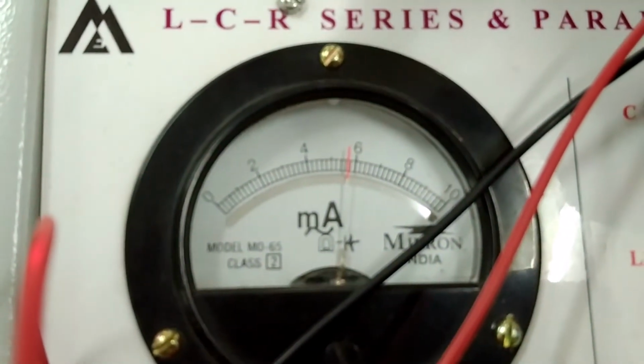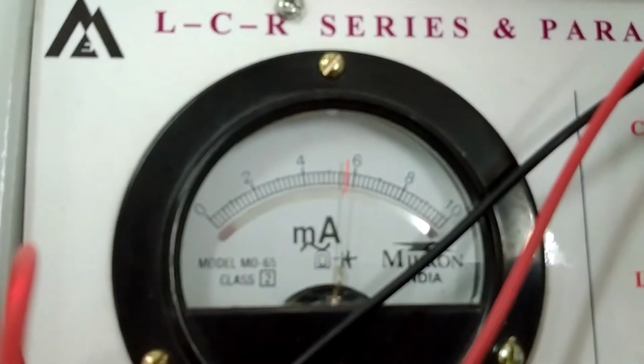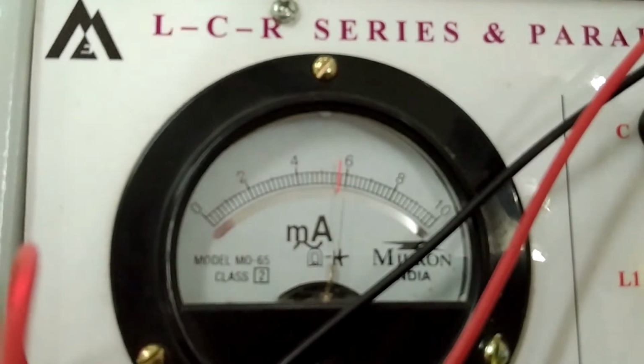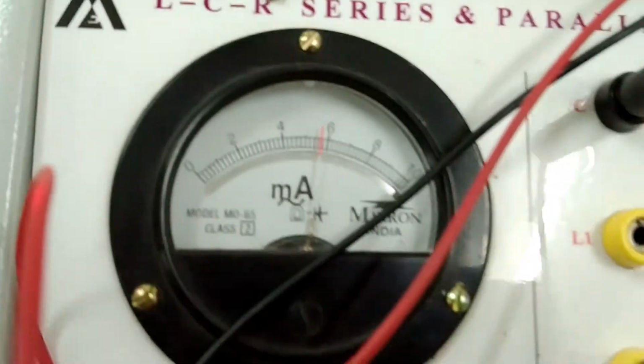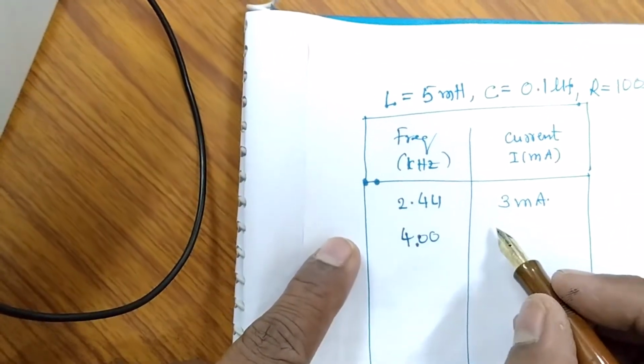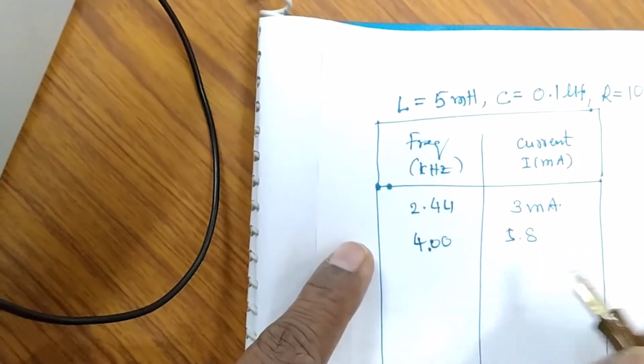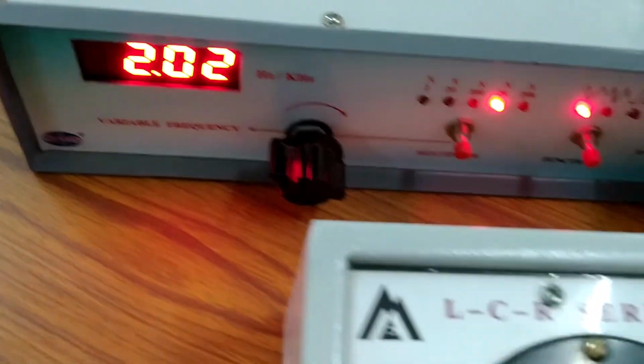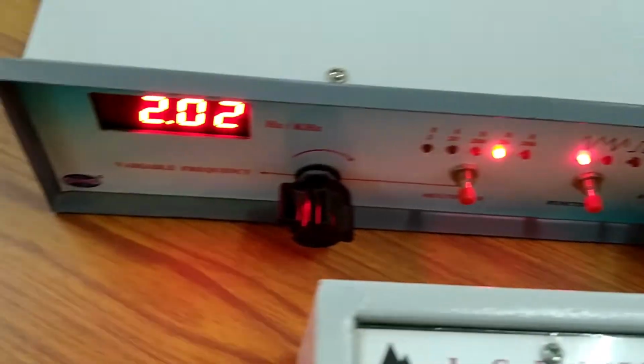The current is slightly less than 6, maybe 5.8 I can take it. So 4 kilohertz, the current value is 5.8 milliamperes. Now I change this value to 2.5 or so.